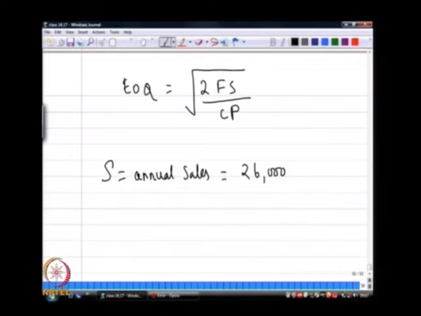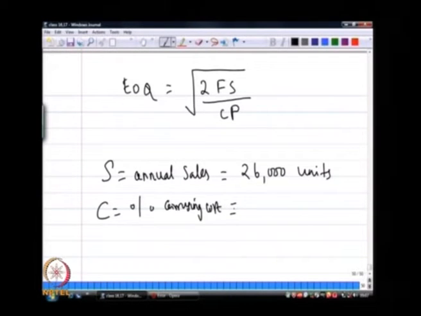So, I am selling around 26,000 shirts, let us say. So, the annual sales is 26,000 units. Now, C, as I told you, is a percentage carrying cost, which is expressed as a percentage of the inventory value, and let us say that is 25%.